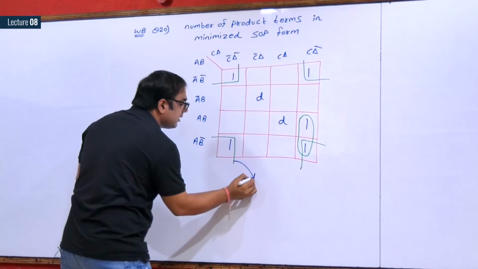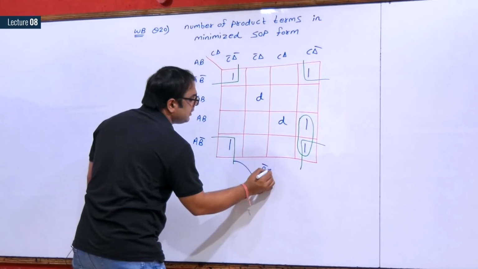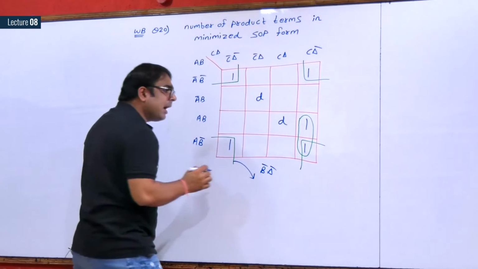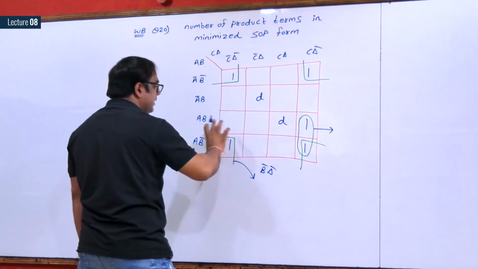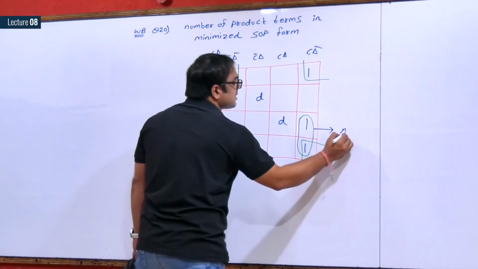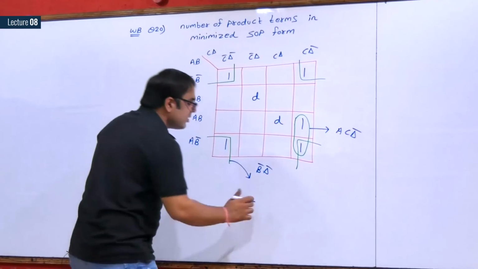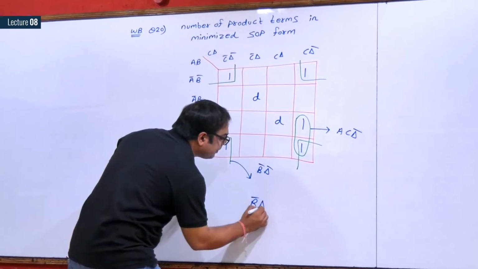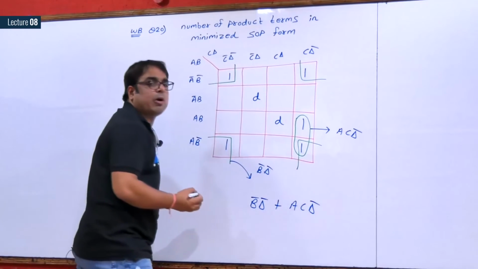This quad will give me the product B complement D complement, and this pair will give me the product A is common from this side, C D complement is common from this side. So the answer is B complement D complement plus A C D complement.